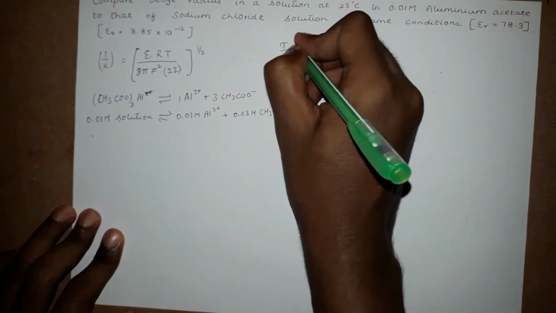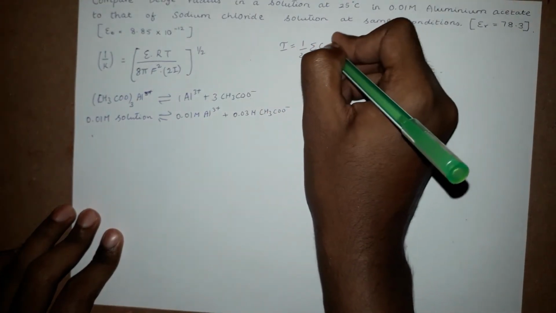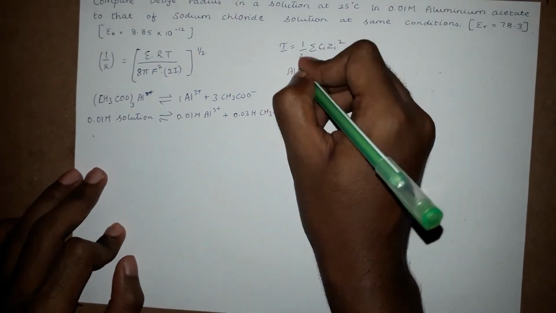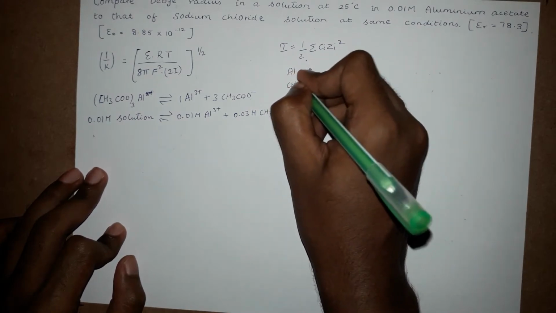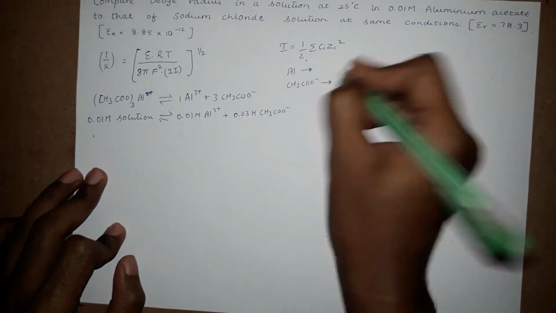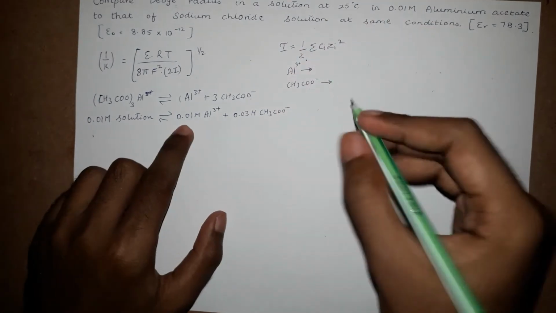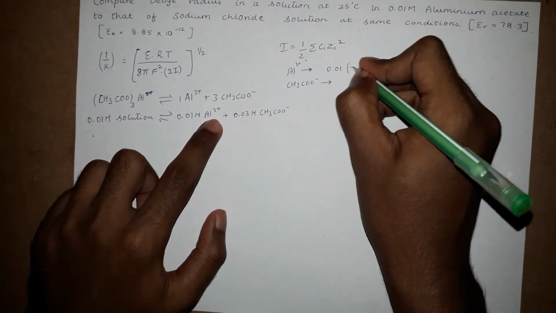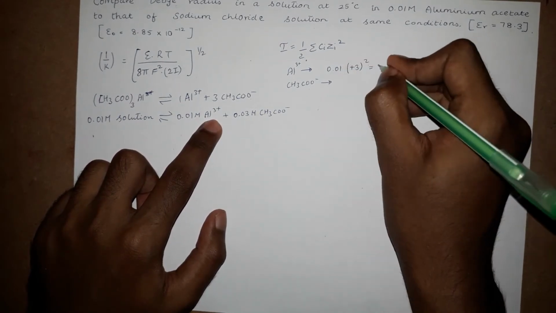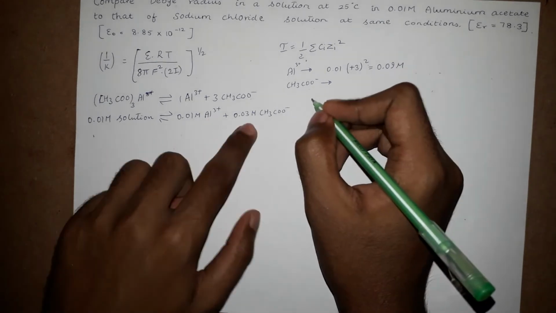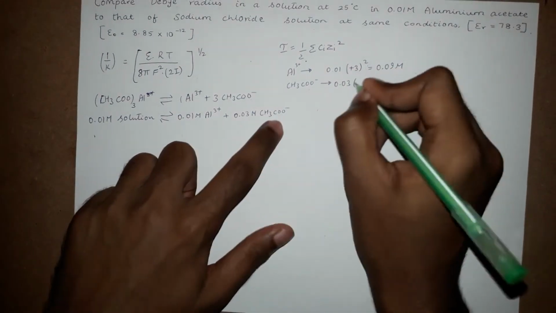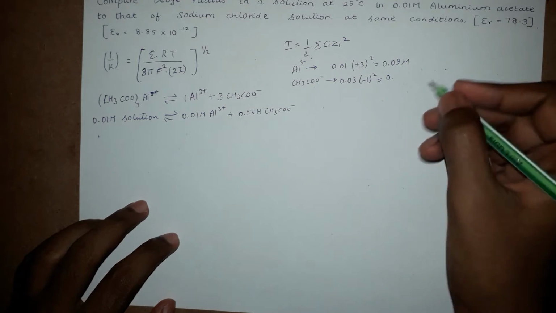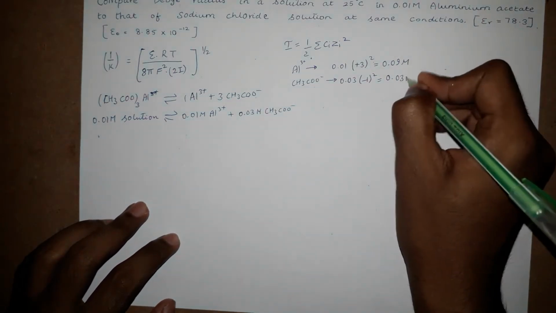So we know I is equal to 1 over 2 sigma Ci Zi square. For aluminum ions, the concentration is 0.01 molar times the charge plus 3, the whole square. 3 squared is 9, so 0.09 molar. And for acetate anions, the concentration is 0.03 times minus 1 charge, minus 1 the whole square is 1, so 0.03 molar.